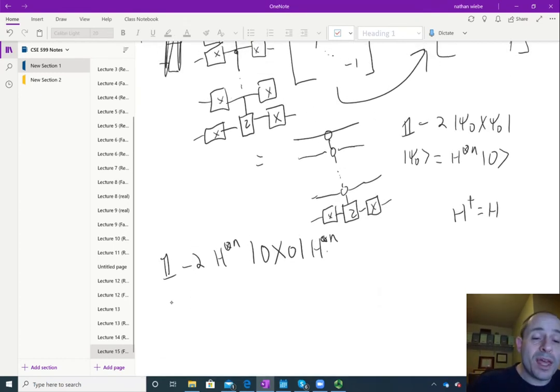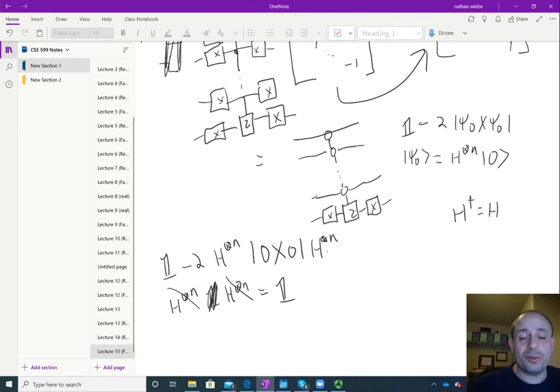However, H tensor n identity H tensor n is equal to identity, because the identity operation doesn't do anything. Those two cancel, and we end up with the identity.